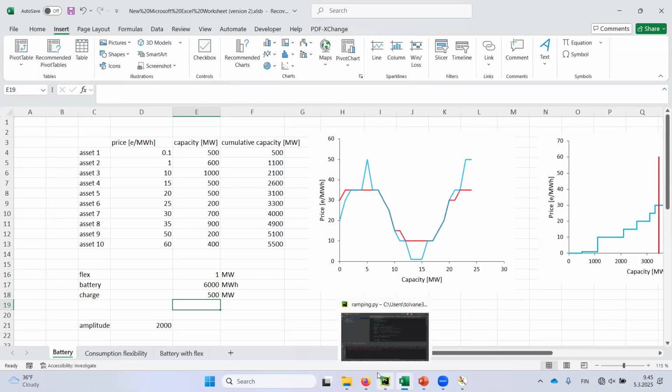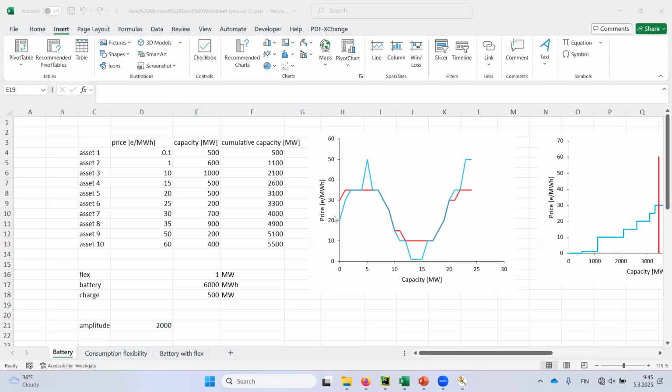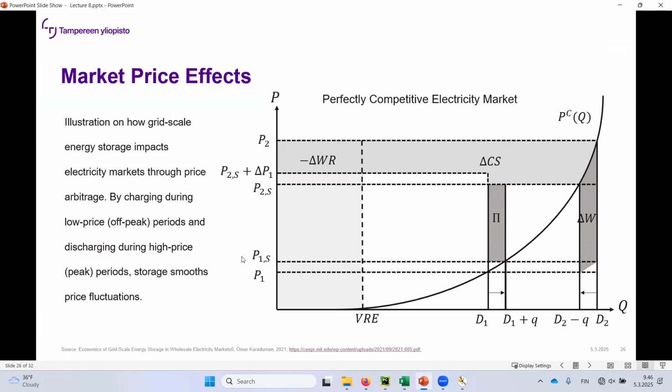Now it makes it a bit more flat. So the price effect in electricity spot market of large scale energy storages. In here you can see it brings the higher prices down and it brings the lowest prices upwards.